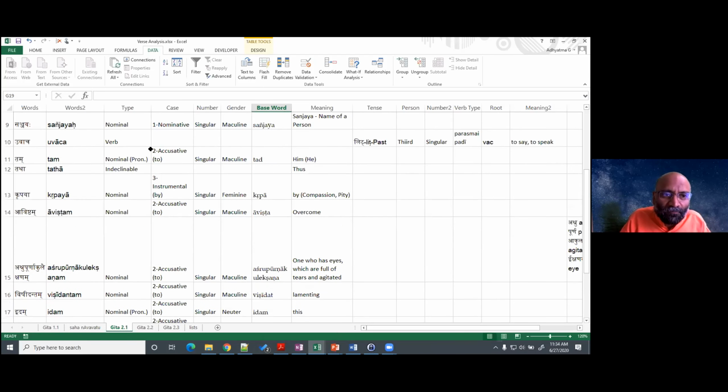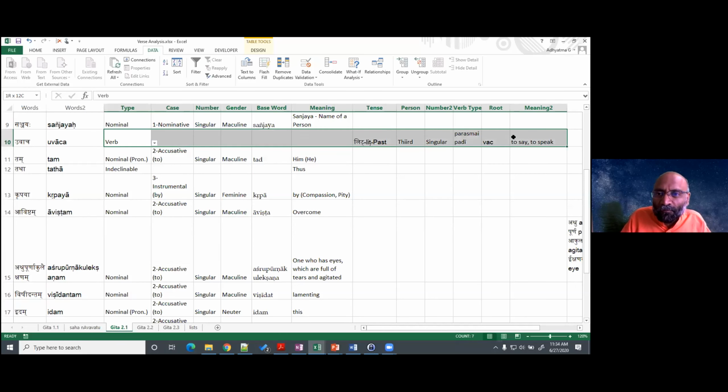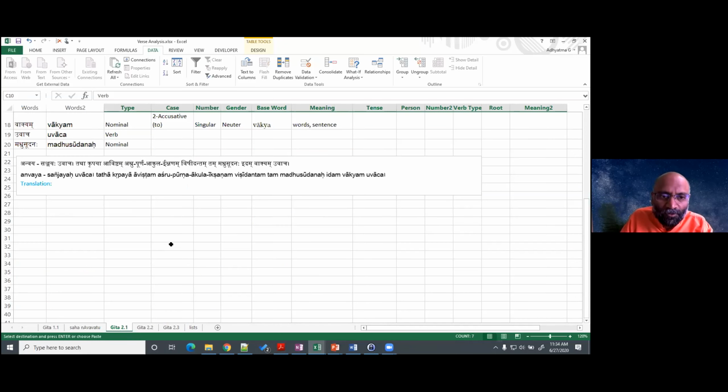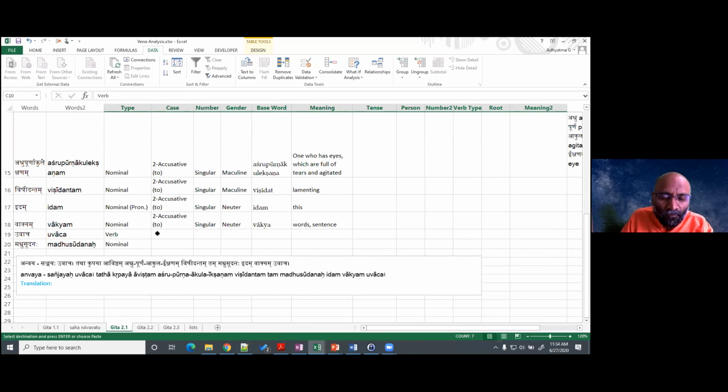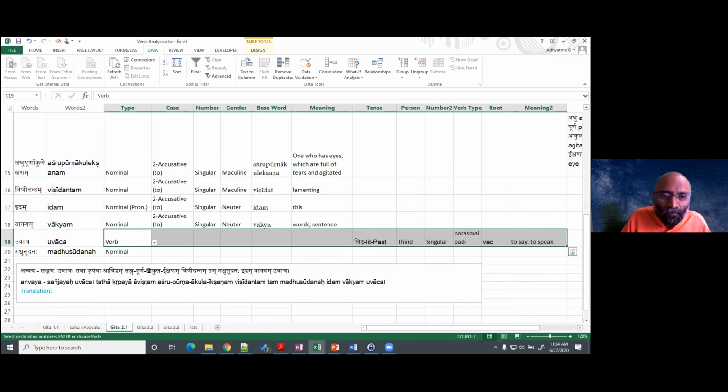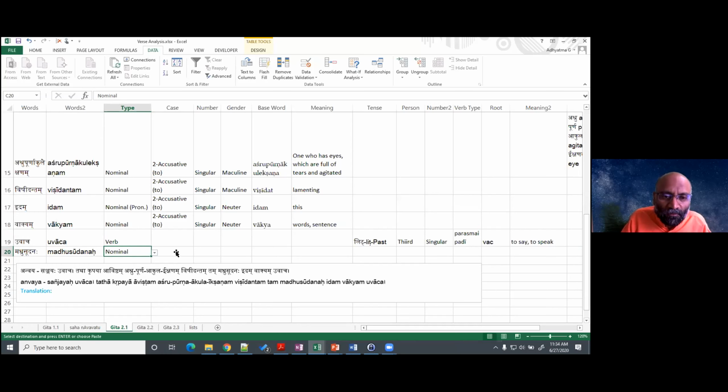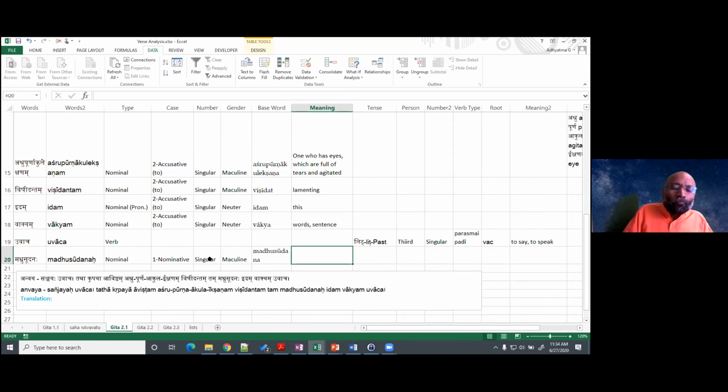Uvacha, we have already covered this. This is a verb form. So I'll just copy and paste from there. And Madhusudana is a nominative, singular, masculine. Madhusudana also is a samasa, a compound word.